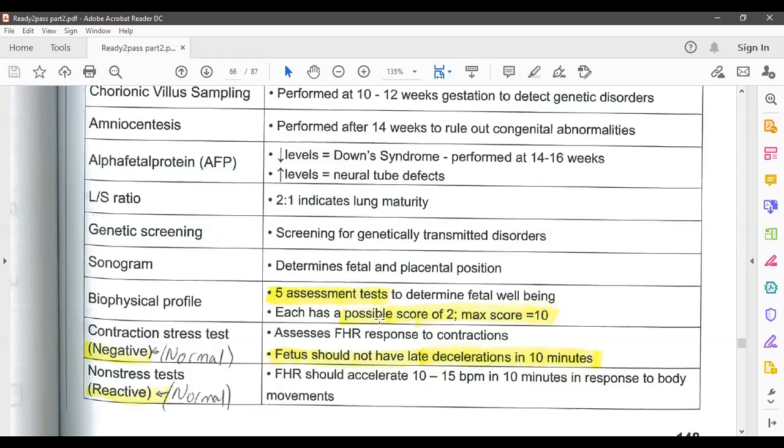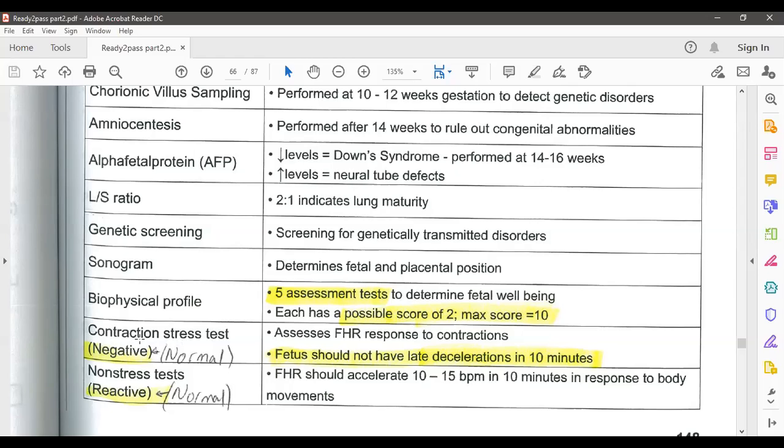Now the most important test is called the contraction stress test. What is it? What are the indications of it? What is the interpretation of the contraction test, and what are the complications, right?